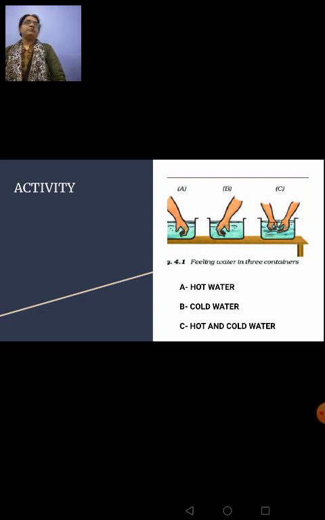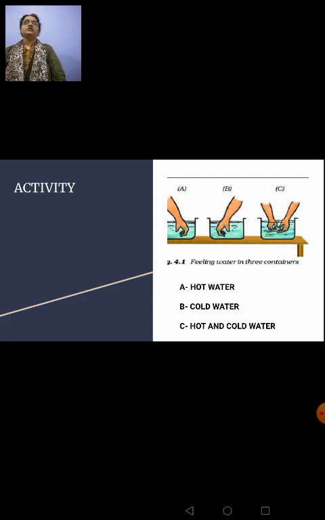And B also, by putting your hand, you can say it is cold. When you come to C, it's a combination of both. Hot, it is very difficult to touch; cold also, immediately you'll feel like withdrawing your hand. So you cannot use any other term. You will be confused what to say about the water kept inside trough C. You cannot say combination of hot and cold water.